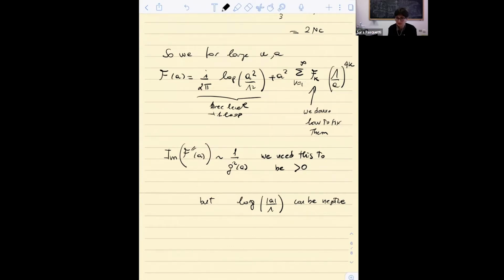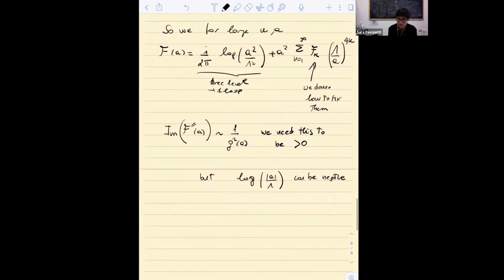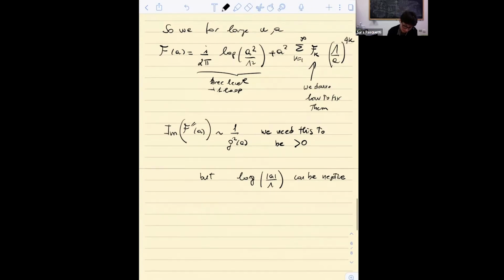You may think that maybe if you add the non-perturbative terms, then this thing is positive. But in fact, there is a very strong argument that tells us that this cannot be everywhere positive. And the reason is the following. So instantons cannot help. If f is a holomorphic function, as we assumed, then the imaginary part of f is a harmonic function.